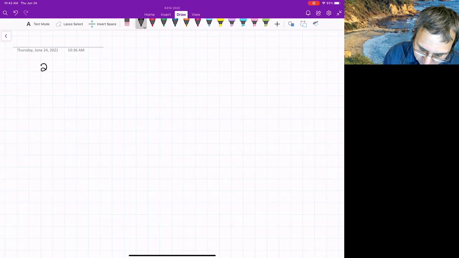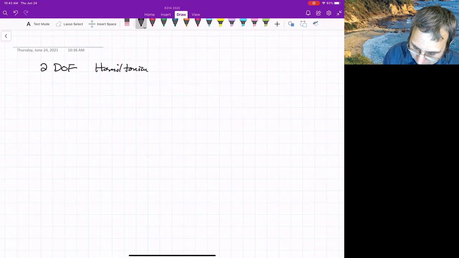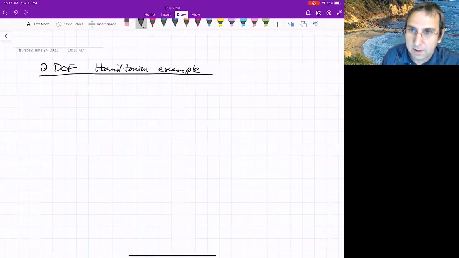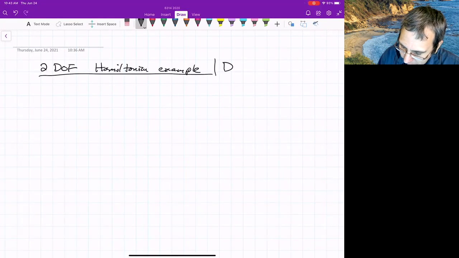So let's look at a 2 degree of freedom example. Very simple. It's just the double harmonic oscillator.